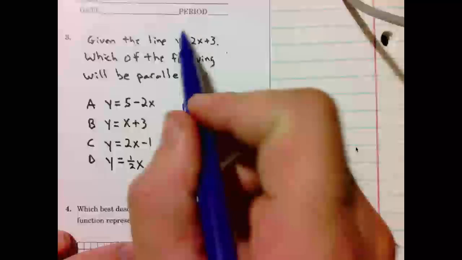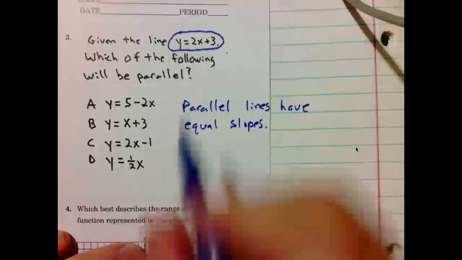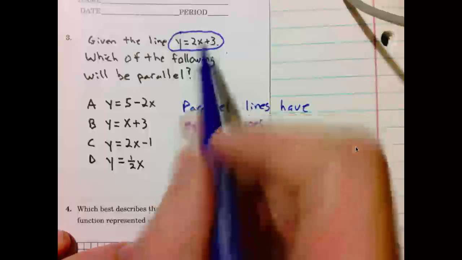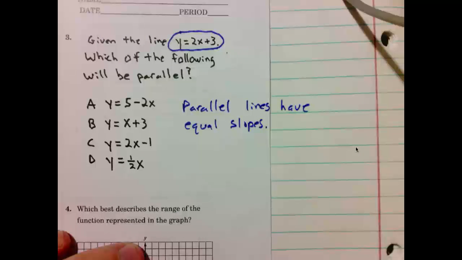In the equation y equals 2x plus 3, the slope is 2, the y-intercept is 3. So we are looking for a line that also has a slope of 2.